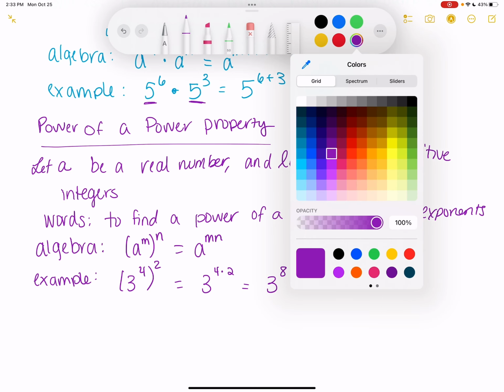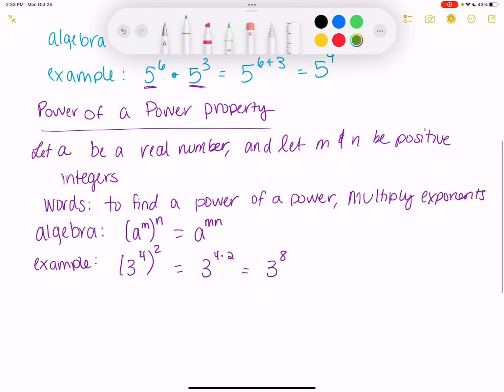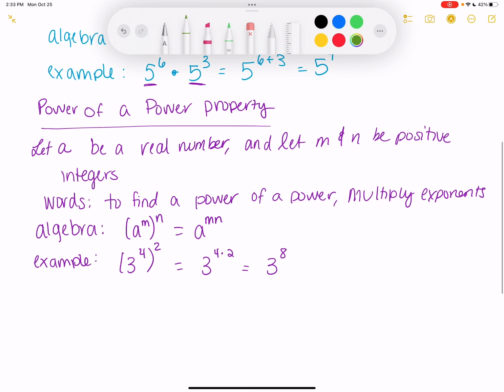And then we've got one more. We've got the power of a product property.